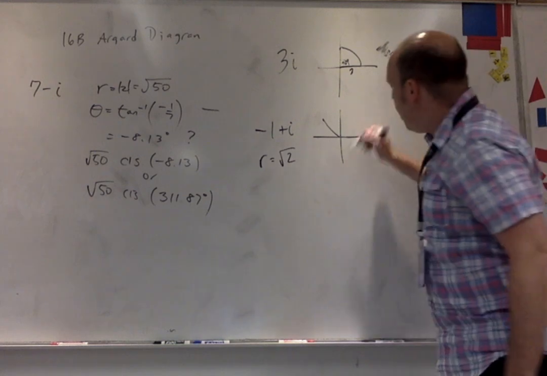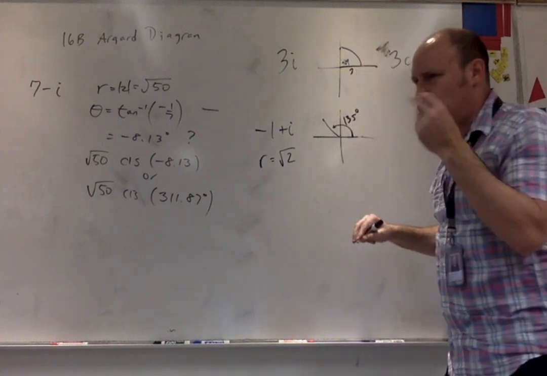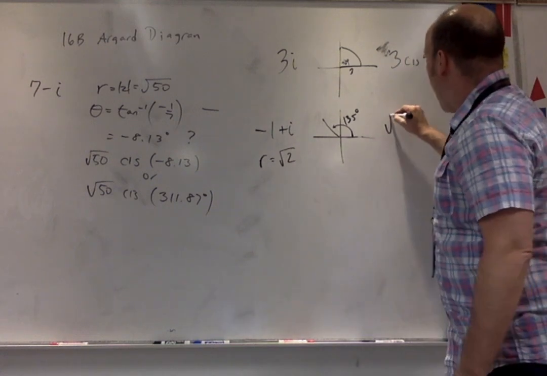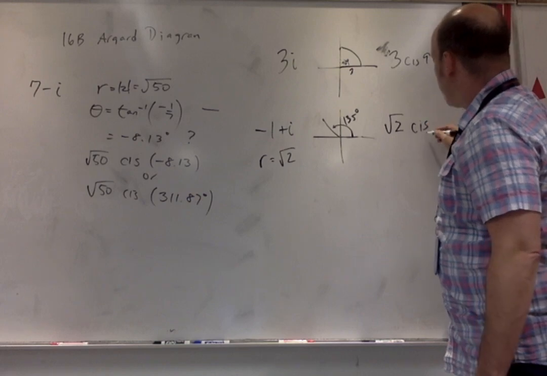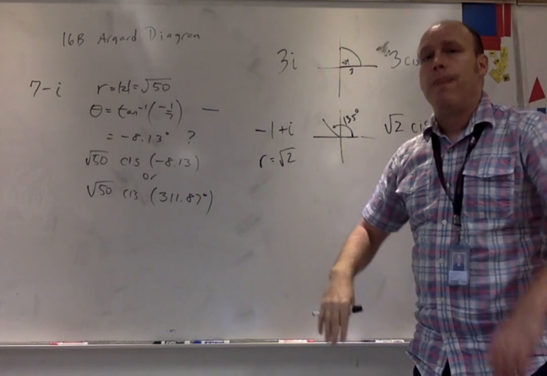So I know it's over here. I know that's 135. Just by looking at it, I know. And that's totally fine. So you know this is radical 2 cis 135.